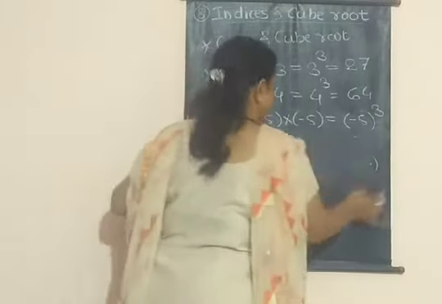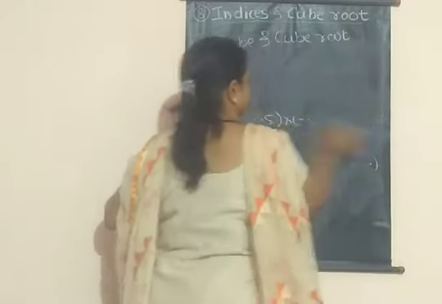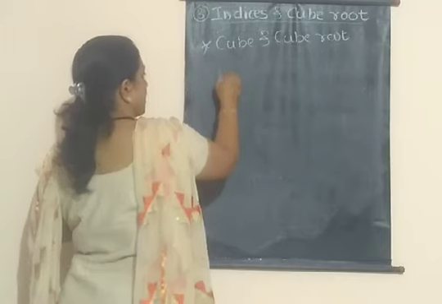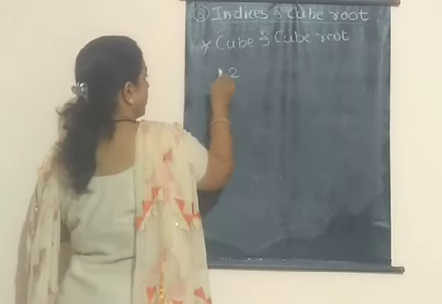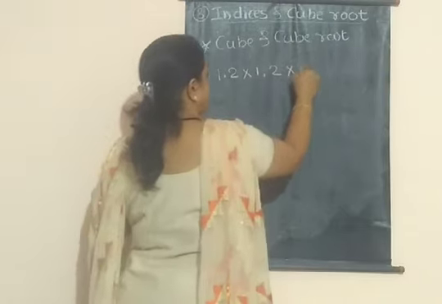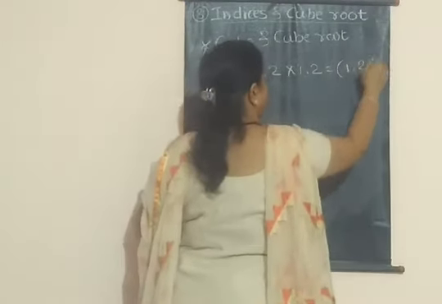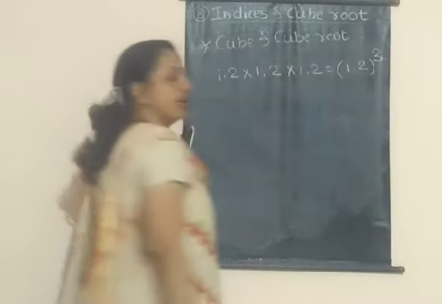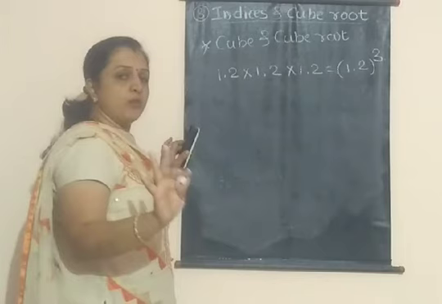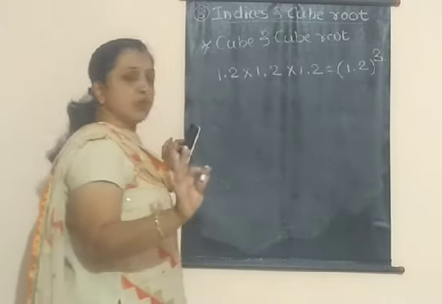Now let's take some more examples. Suppose we take the product of 1.2 three times, 1.2 into 1.2 into 1.2, that is the cube of 1.2. Now see here, first we have to find the cube of the number 12. What is the cube of 12?